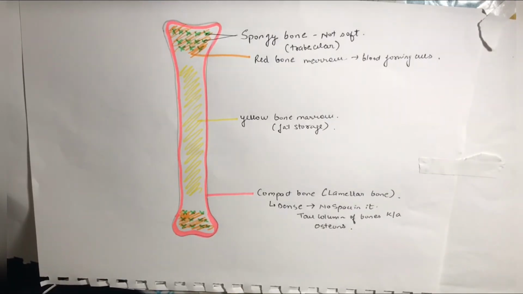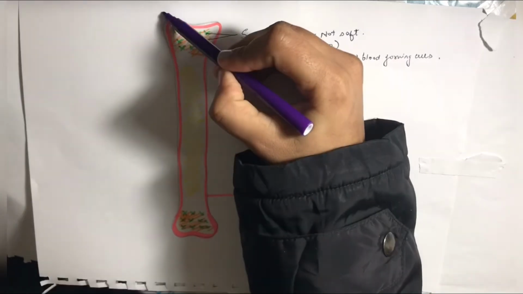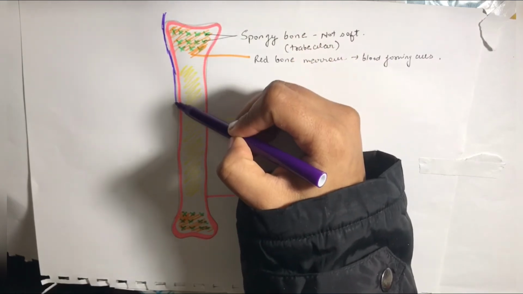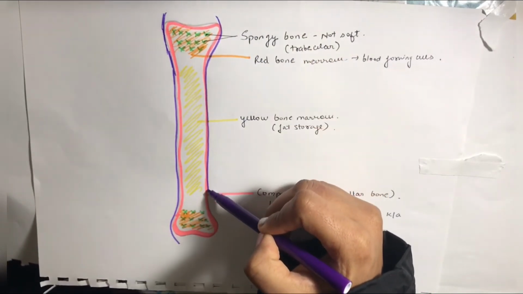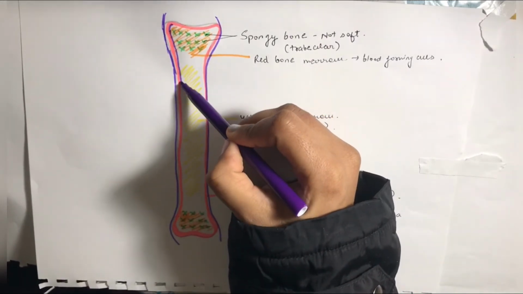Then I'm going to draw an outline from outside and inside, a membrane covering the bone from outside and also from the inside.